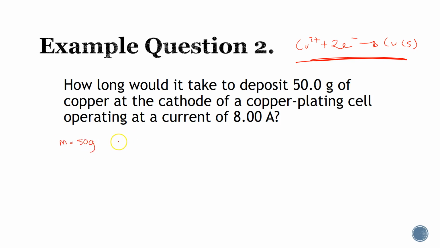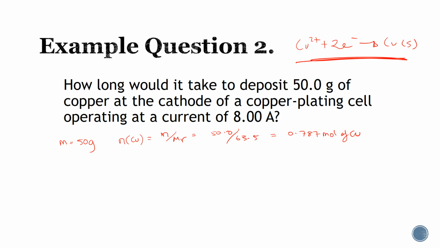So first things first, I've got to work that into a number of moles. So the number of mole of copper is going to be equal to the mass divided by the molar mass. It's going to be 50 divided by 63.5 for copper, which is going to give me 0.787 mole of copper.